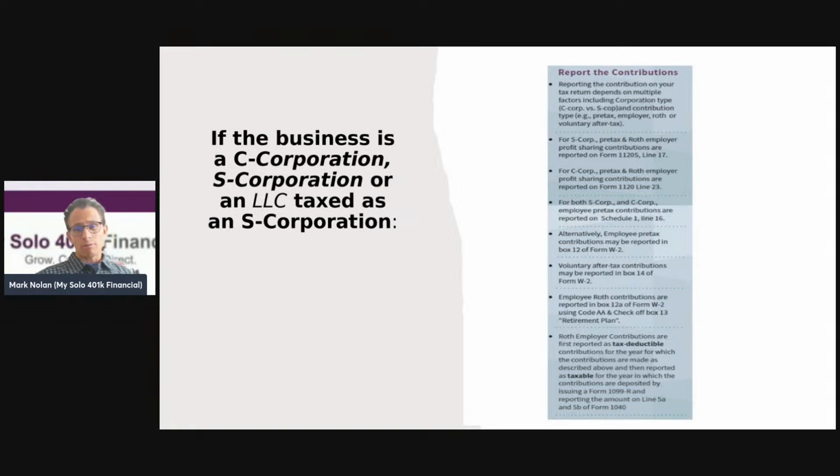So if it's an S corporation, pre-tax and Roth profit-sharing contributions are going to be reported on your Form 1120S, specifically line 17. For a C corporation, the pre-tax, Roth, and employer profit-sharing contributions are reported on Form 1120, line 23.